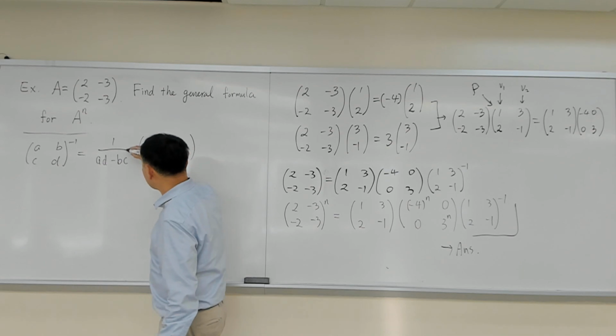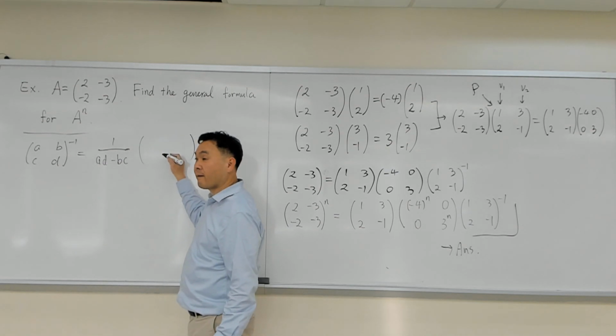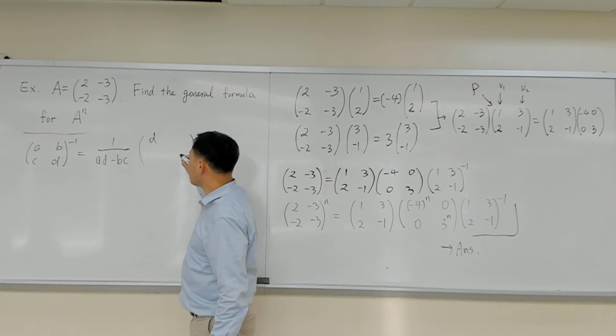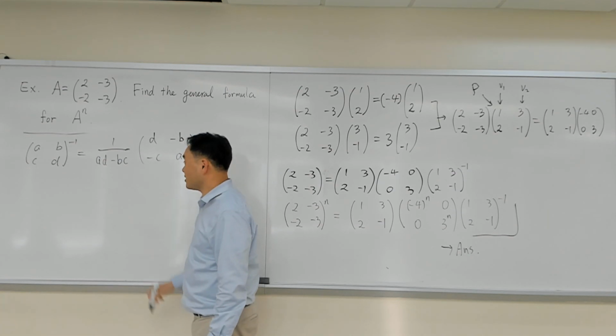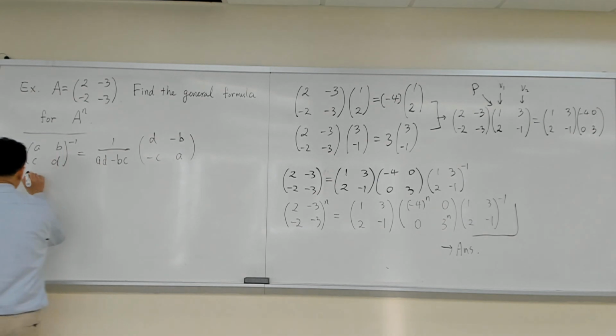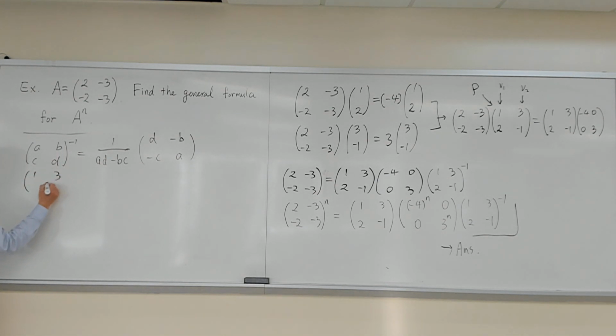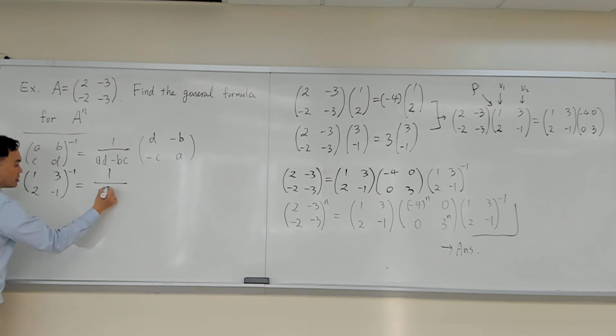Okay, what goes here? D and A get switched, then B and C get negated. So if we have 1, 3, 2, negative 1 inverse, that's going to be 1 over, 1 times negative 1 is negative 1, minus 3 times 2, that's negative 6, so it'll be negative 7 here.